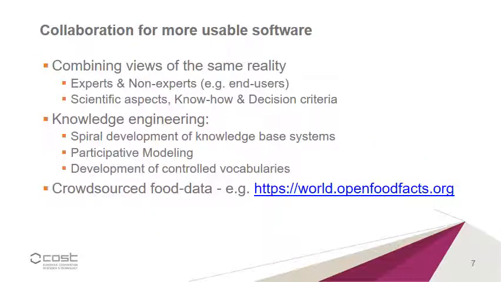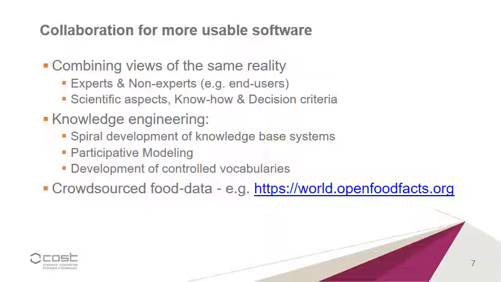Another way to get more usable software is to collaborate as a food scientist with a domain expert or end user to design decision support software, for example. This kind of software combines scientific aspects, know-how, and decision criteria, and the objective of this software is to be used by third-party professionals most of the time.